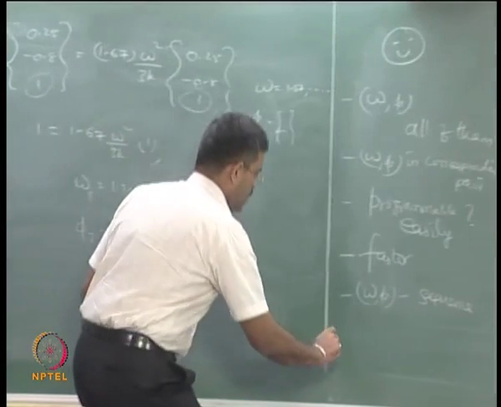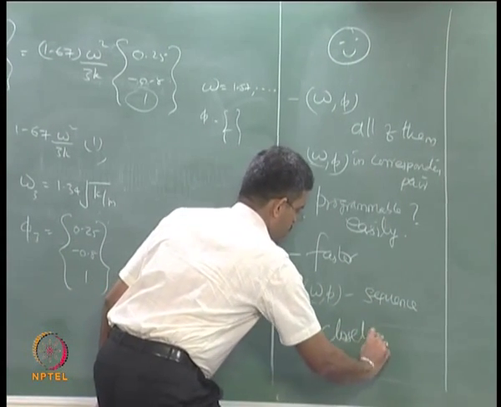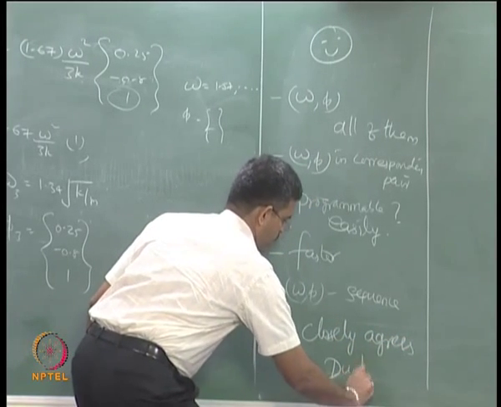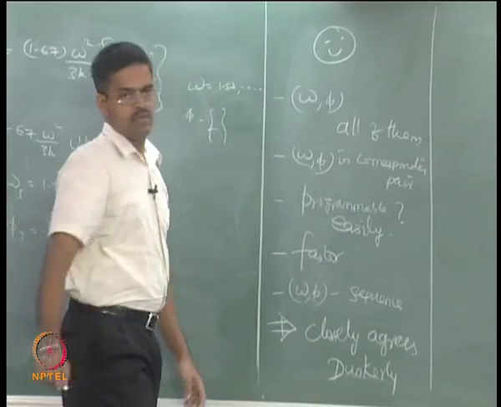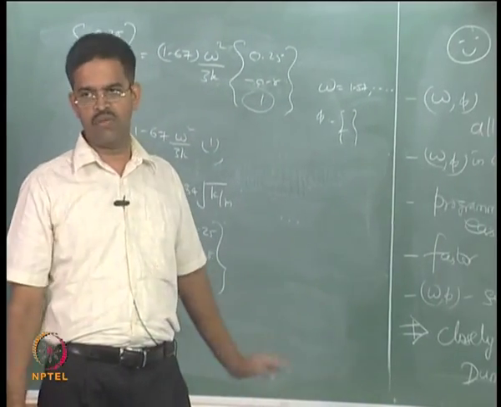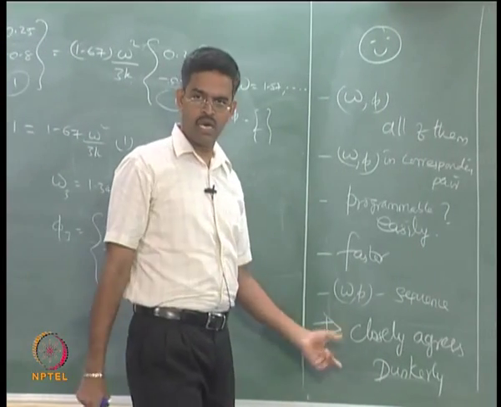And more interestingly, people appreciate this method because this closely agrees with Dunkerley. Dunkerley's method closely tallies with this. I compared it, it was 0.4 and the first value is 0.45, not exactly cloning, but it is anyway agreeing.